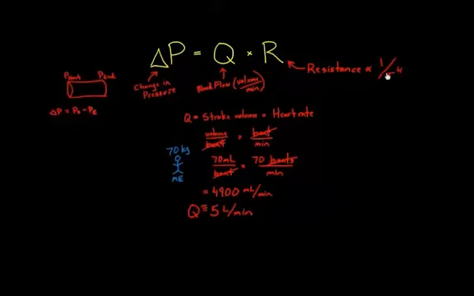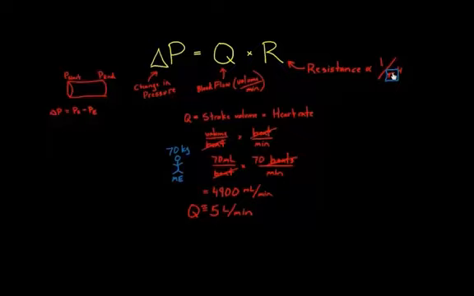So just remember that this is an important issue. R is radius, and that's the radius of the vessel. So let's figure out the variables in this equation and how it's going to help us solve the question I asked you. What is the total body resistance?